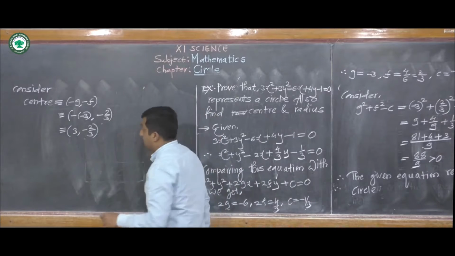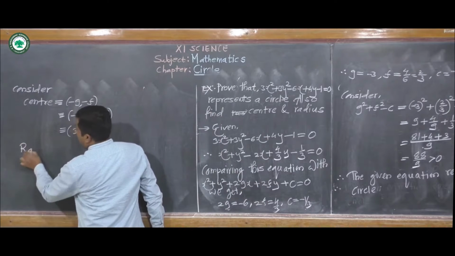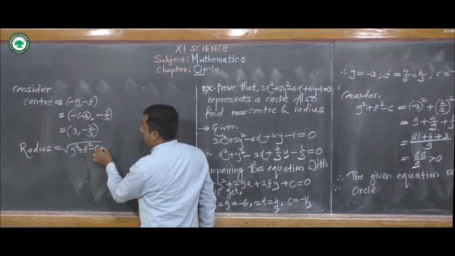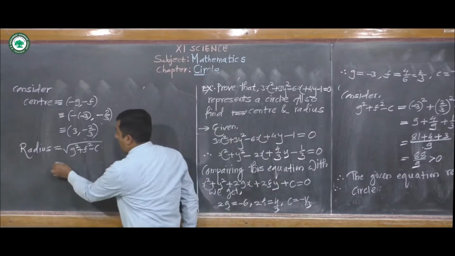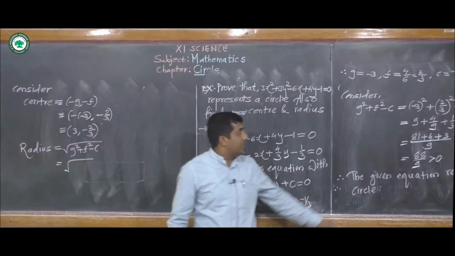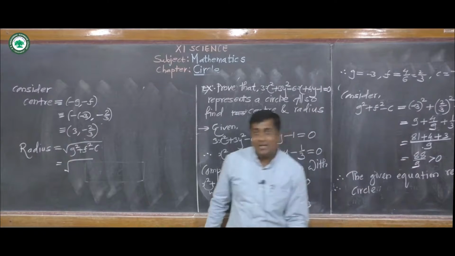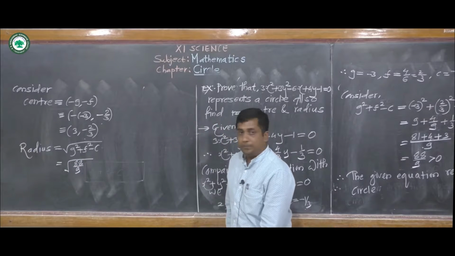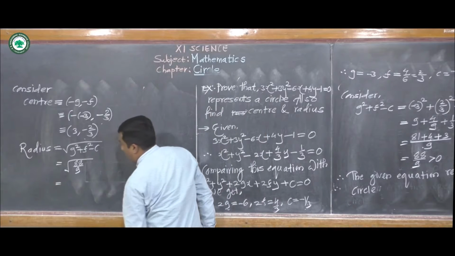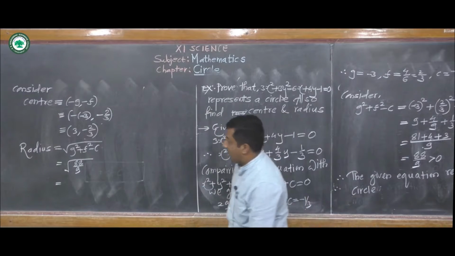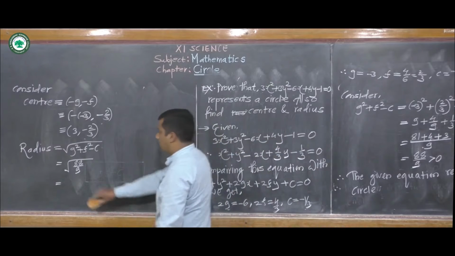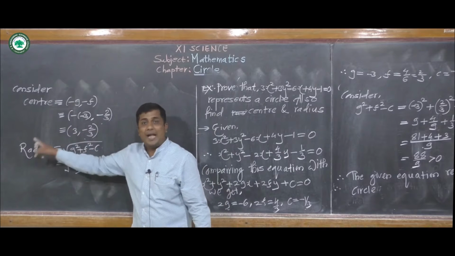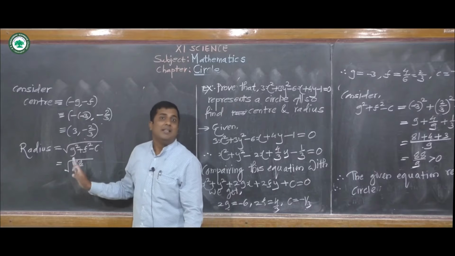Now next we consider the radius. The radius is equal to square root of g square plus f square minus c. We know g square plus f square minus c is 88 by 9, so inside the square root 88 by 9. This is for the radius. Here the center is 3, minus 2 upon 3, and the radius is square root of 88 by 9.